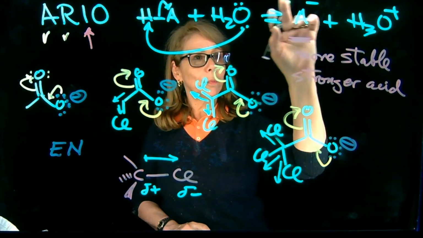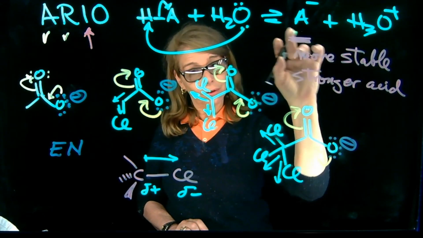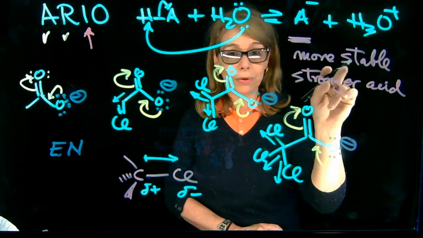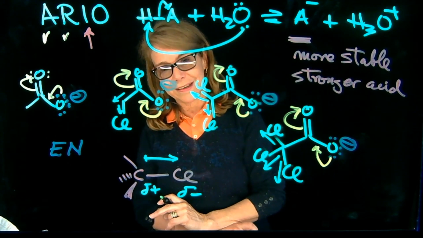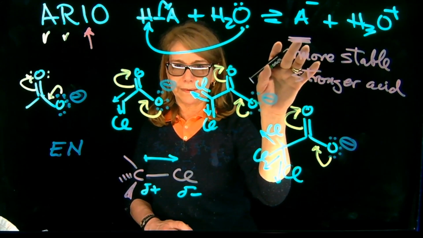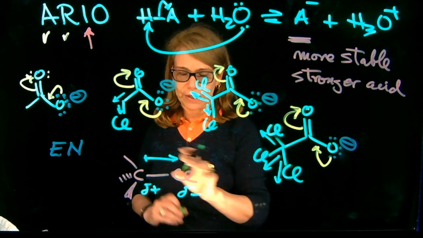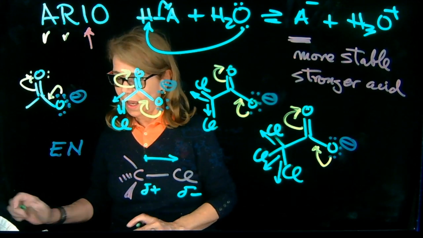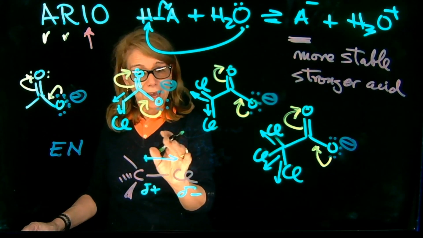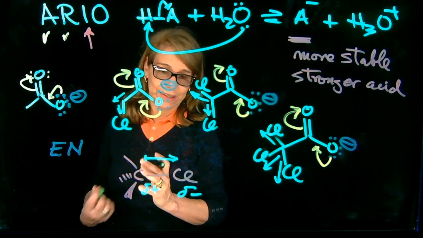And the more dispersed they are, the more delocalized, the more stable this is. And the more stable the anion, the stronger the acid. So any effect, again, that helps stabilize the anion makes the acid stronger. And here we have an electron withdrawing atom that's actually helping disperse the negative charge.